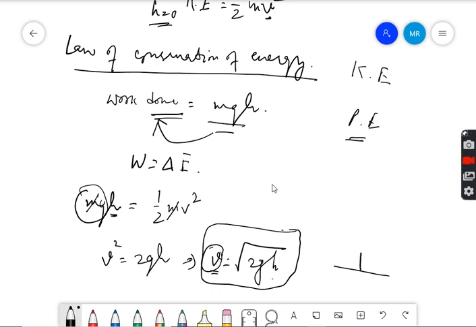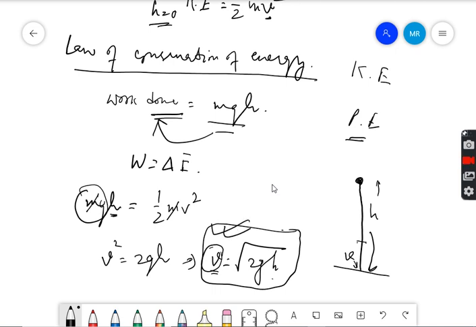We can interpret that the more the height of the falling body, the more the velocity with which it hits the ground. If we lessen the height, the velocity will decrease, and if we increase the height, the velocity of hitting the ground will be much more.